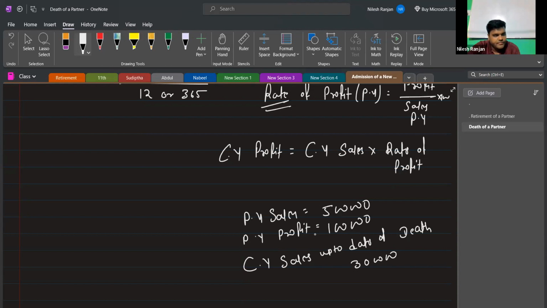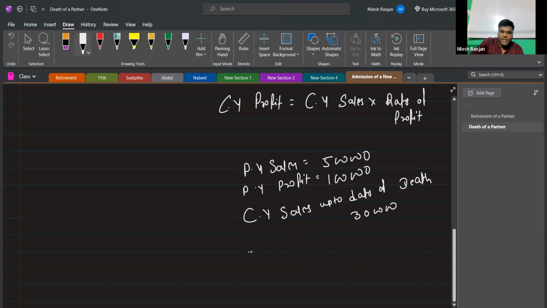So by 3 lakh sales, the profit is 60,000.